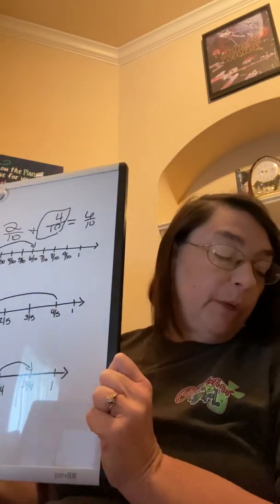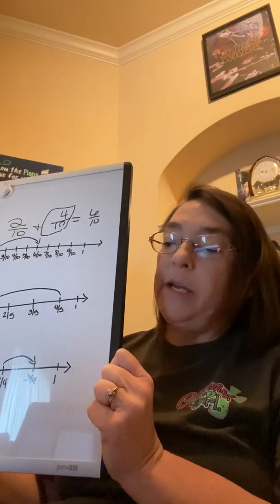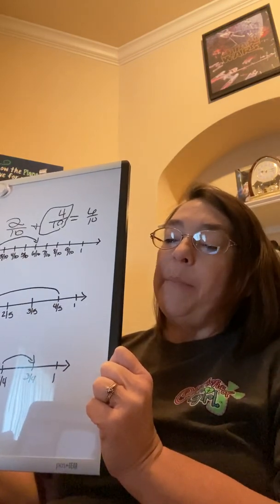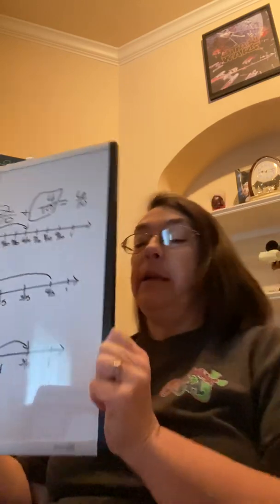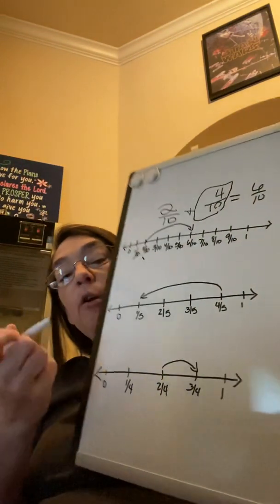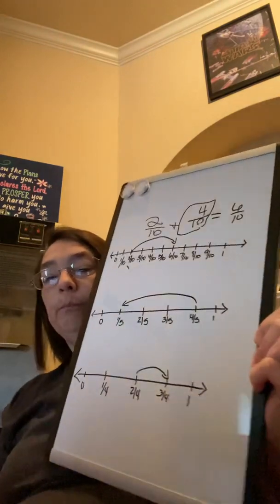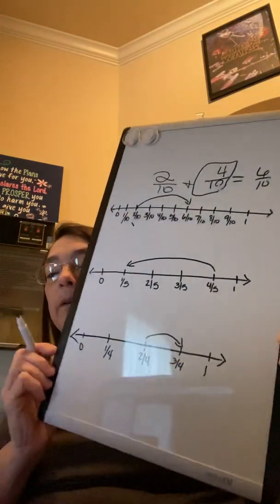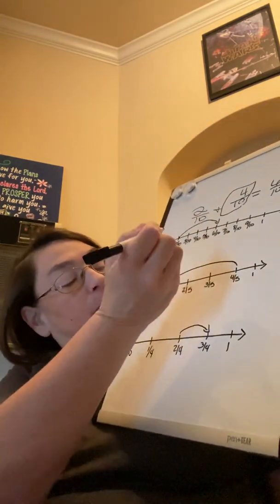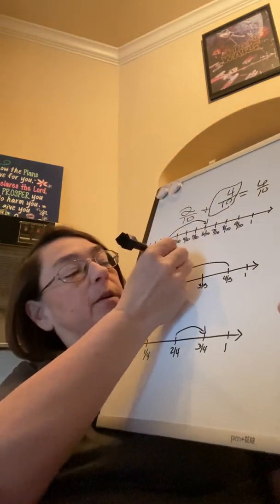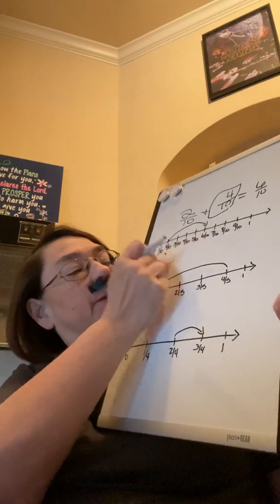The next one was number 6 on this page. The arrow is going backwards. So I need to look at it and say, okay, the arrow is going backwards. All right, so I would start with my 1/5. No, I'm not.